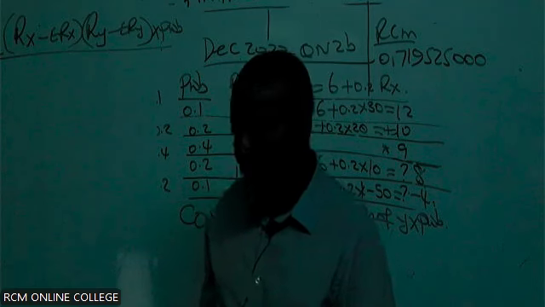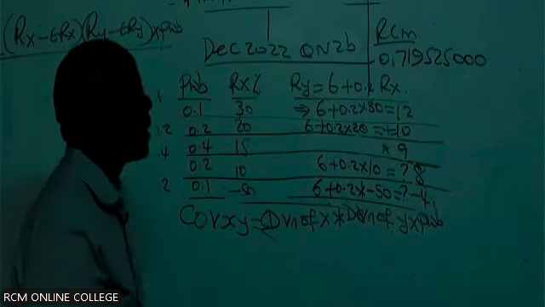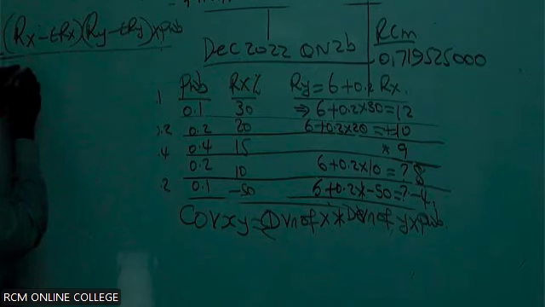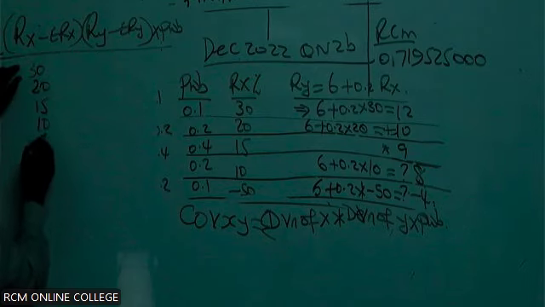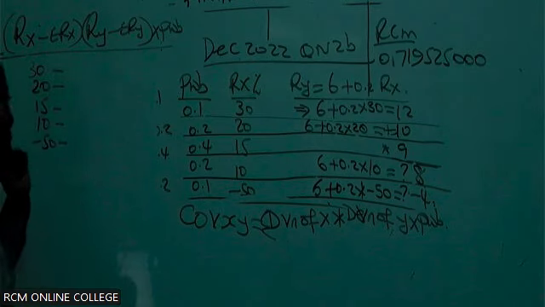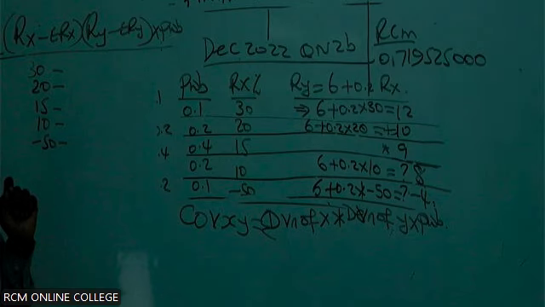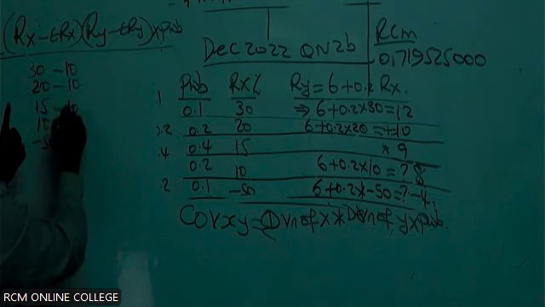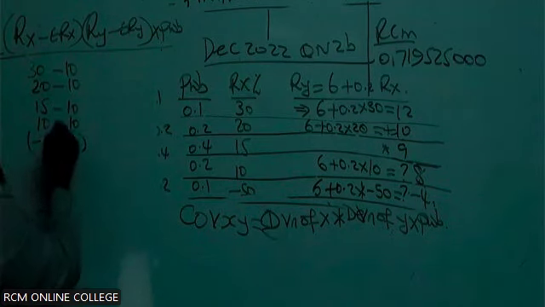We have the actual returns of X, and I'm copying these downward: 30, 20, 15, 10, minus 50. The expected return of X was obtained some time back. It was 10. Remember that the expected return doesn't fluctuate, so it stays 10.